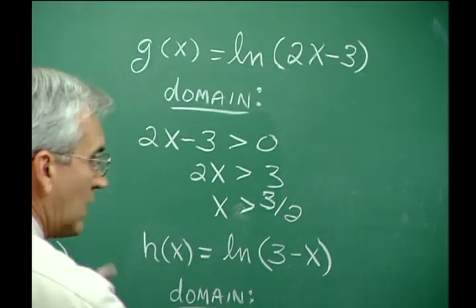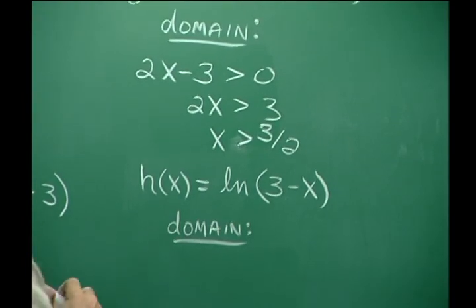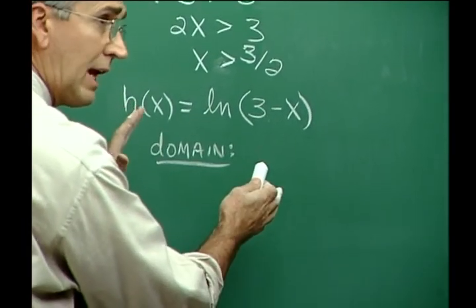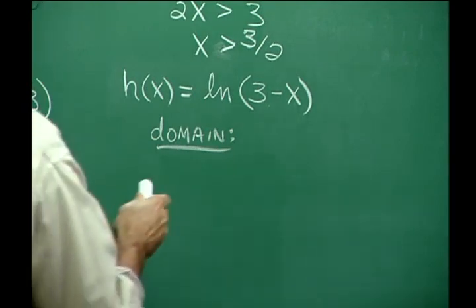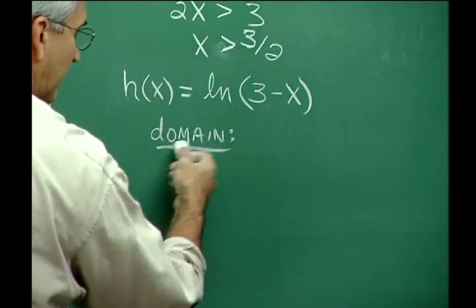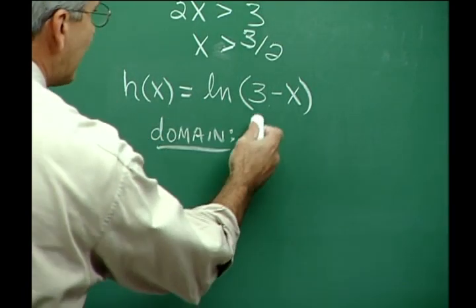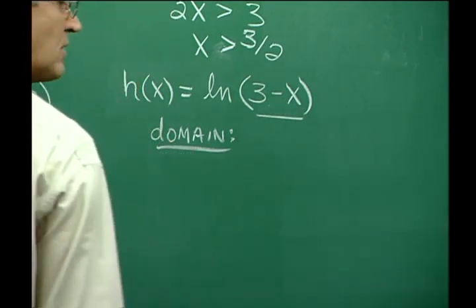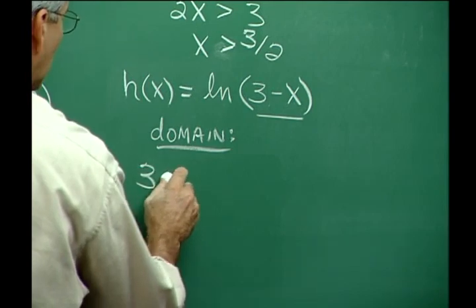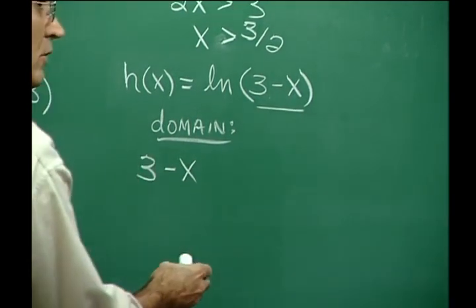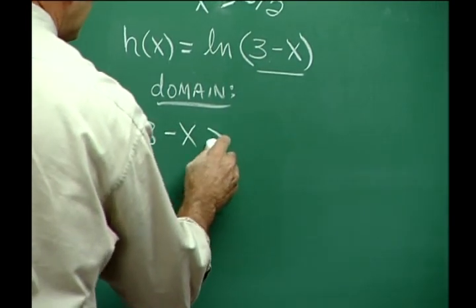Now what about this one? This one is kind of interesting from a graphical standpoint as well as from establishing the domain. If we're finding the domain, we want the values of x that will cause this value to be positive, because we can only take the log of positive values. So we want to know what value of x will cause 3 minus x to be greater than 0.